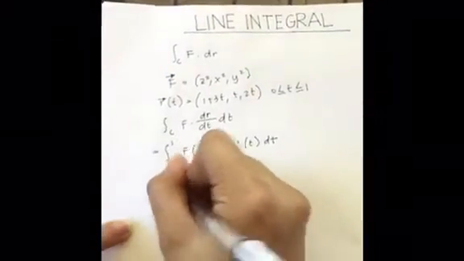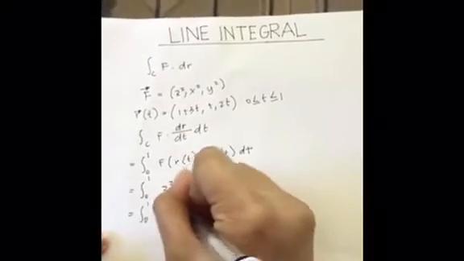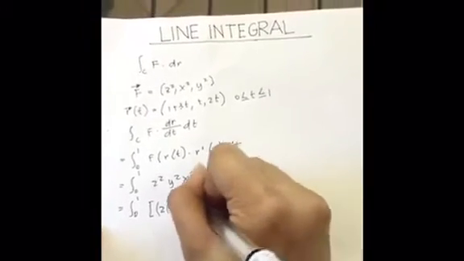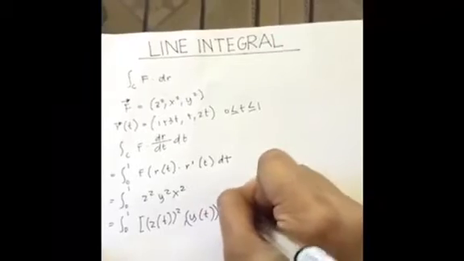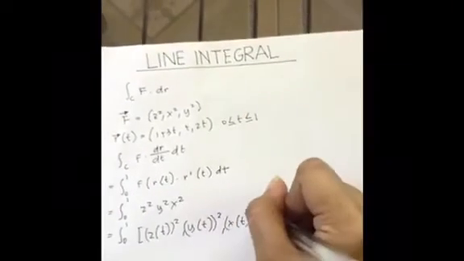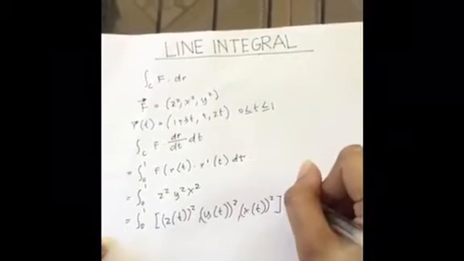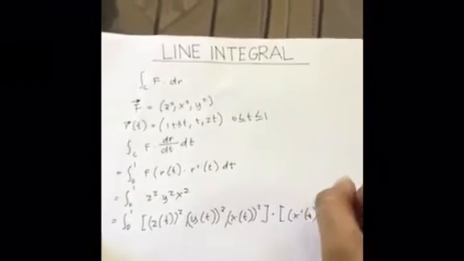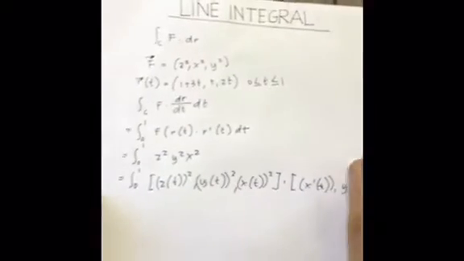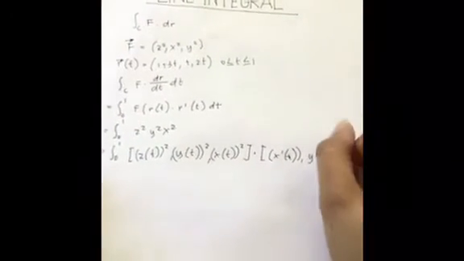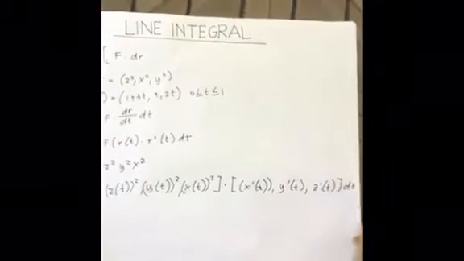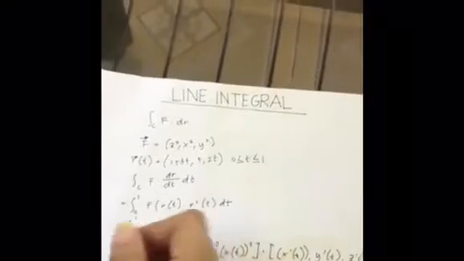The integral of 0 to 1 is equal to z(t) squared, y(t) squared, x(t) squared, multiplied by x prime t, y prime t, and then z prime t dt, and then distribute each of the values.